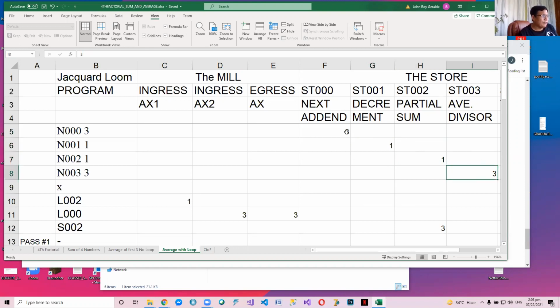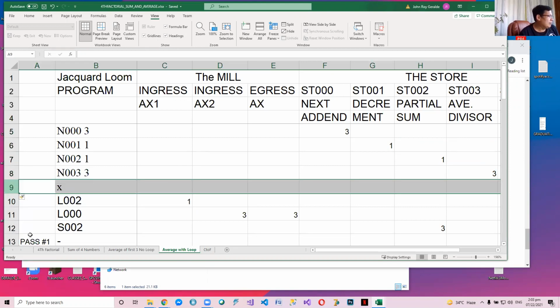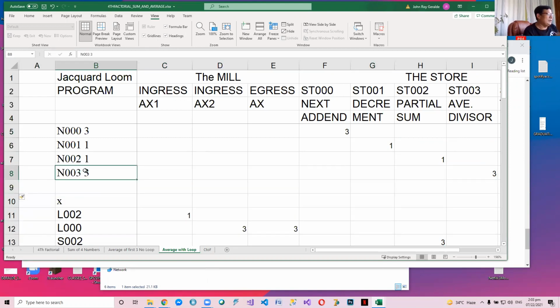If you are going to compute for 5, you have to change both of these. Okay, let's just change this so that there will be no duplication.